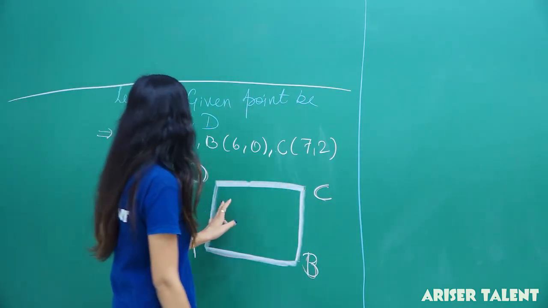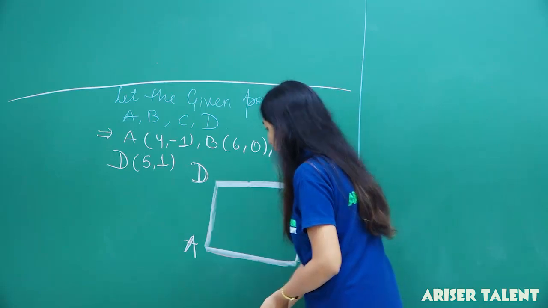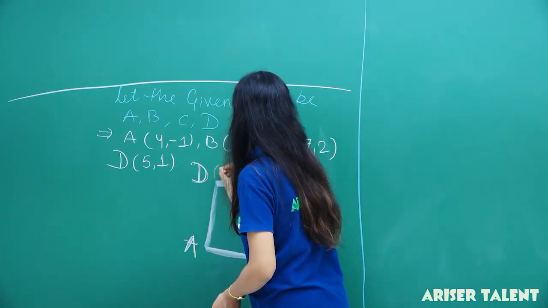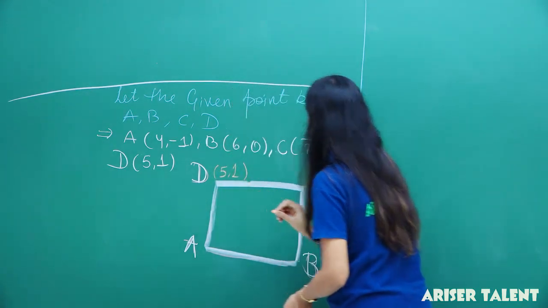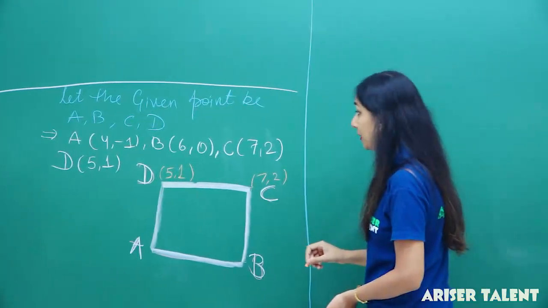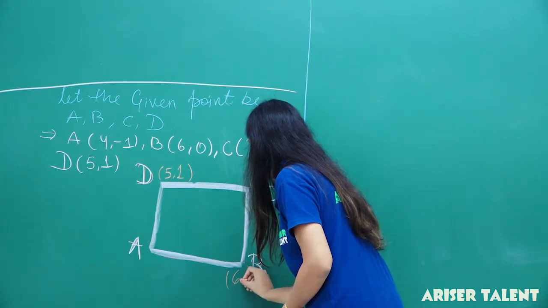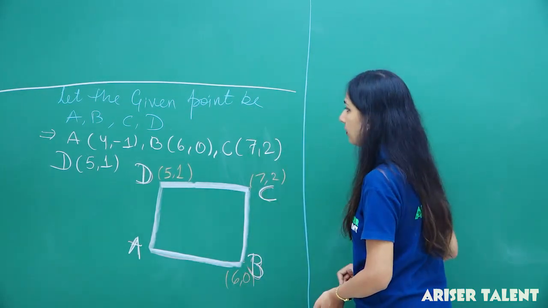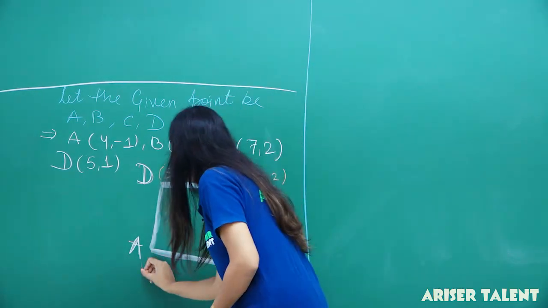Now we know nothing about it, but we know that this is given D (5, 1), this is given C (7, 2), this is given B (6, 0) and this is given A (4, -1).